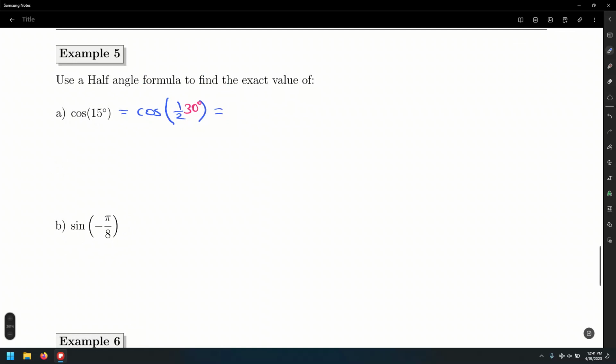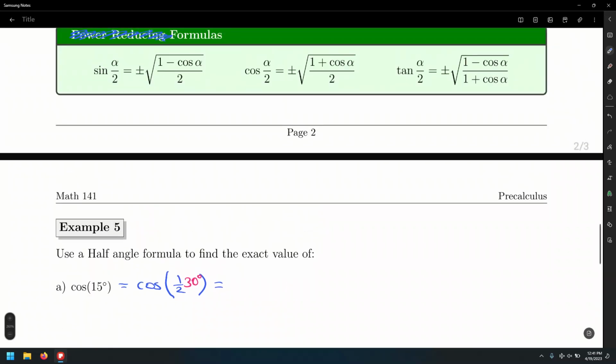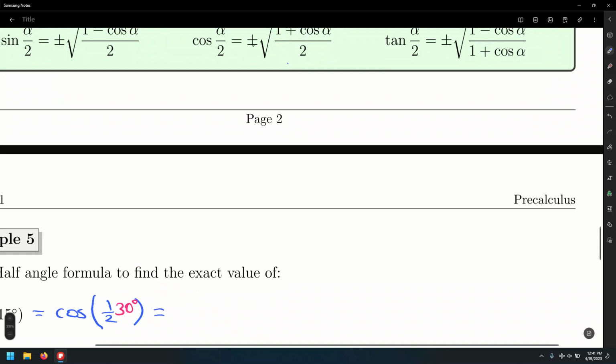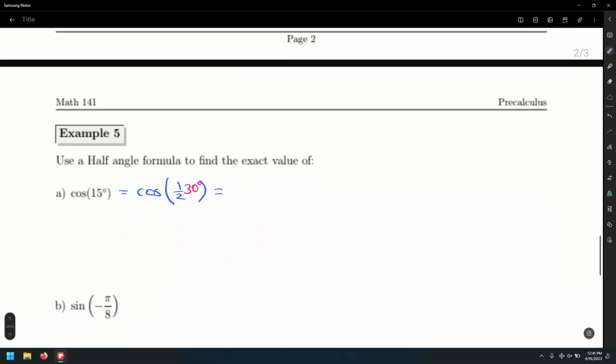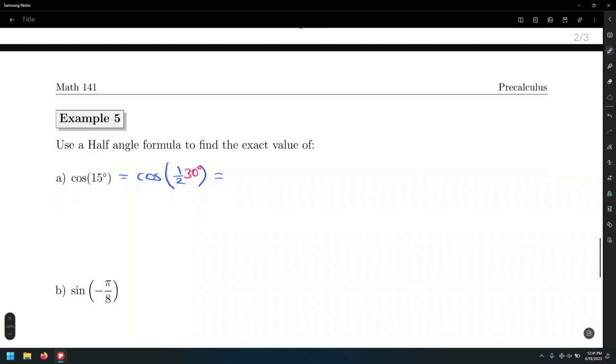However, be careful about how we report these results, because coming back to the formulas, there's a plus or minus involved right here. We're not going to report 2 results because the cosine of 15 degrees has to have only 1 result, not 2. In this case, we need to take into consideration the quadrant in which this 15-degree angle is located, and that is the first quadrant. Do we agree with this?